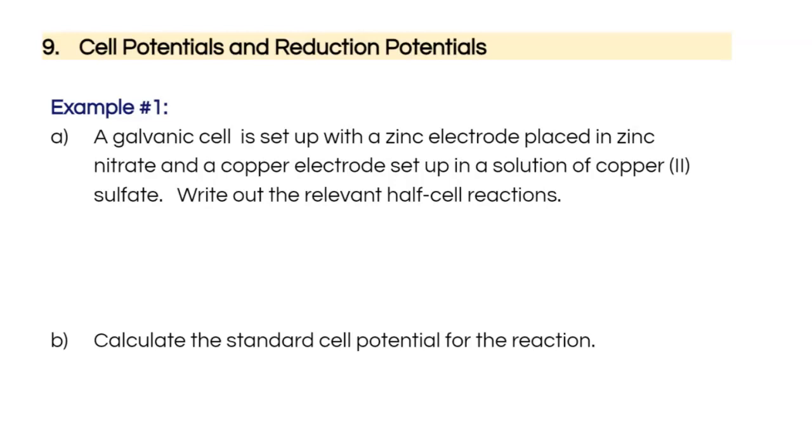Unless we do that first, we're not going to be able to complete part B, which is to calculate the standard cell potential, right? So let's go ahead and do that. Take a minute, pause the video. I would like for you to write out all your species, identify which are oxidizing agents and which are reducing agents, and then identify your SOA and your SRA in this scenario.